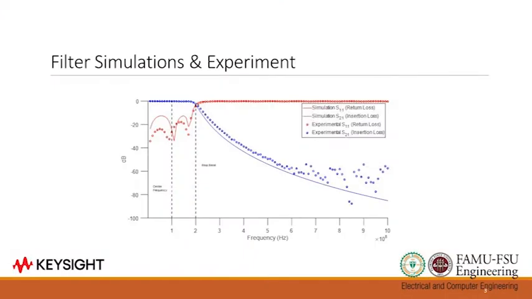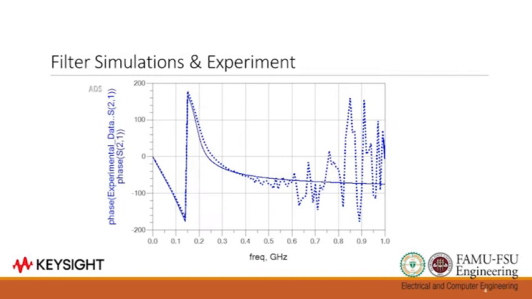The simulation fit very well with the experimental data, as you can see, and we labeled the center frequency and the stop band of both the experiment and the simulation, and they were seen to be the same. Next slide shows the phase graph, and as you can see, they have good congruency.